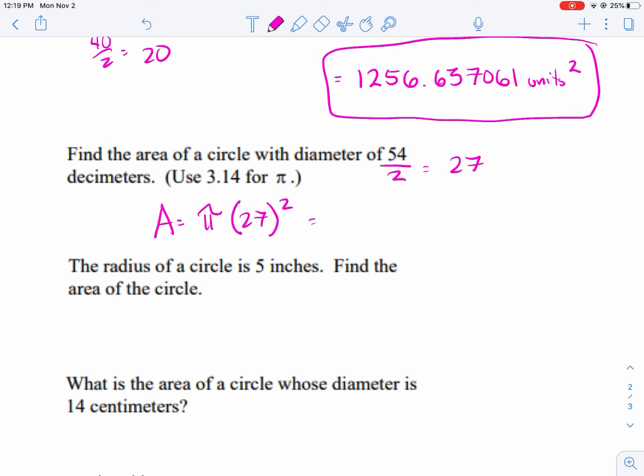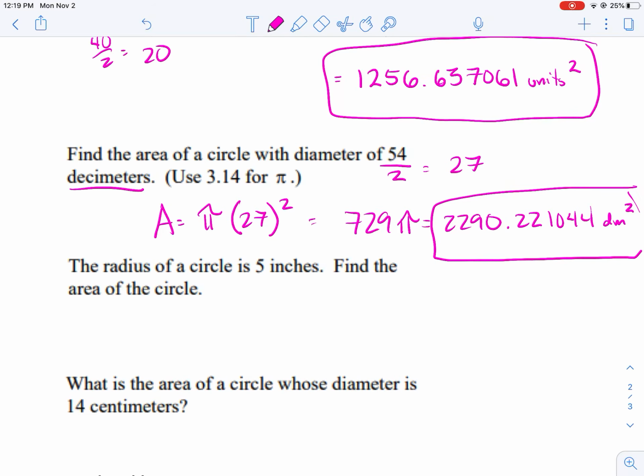And I think that's 729, but I could be wrong. Nope. All right, so we get 729 pi is equal to 2290.221044. And they gave us decimeters, so decimeters squared.